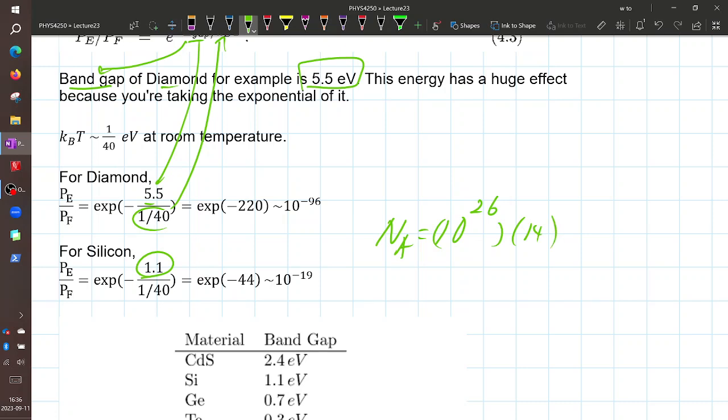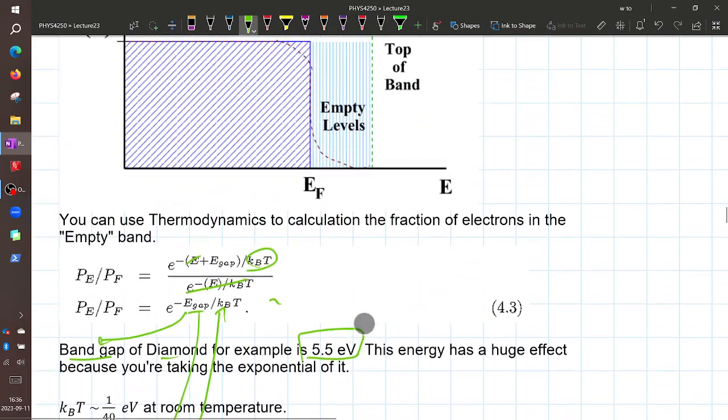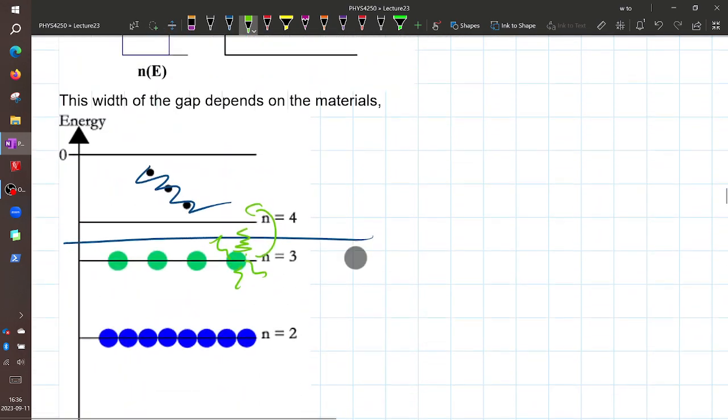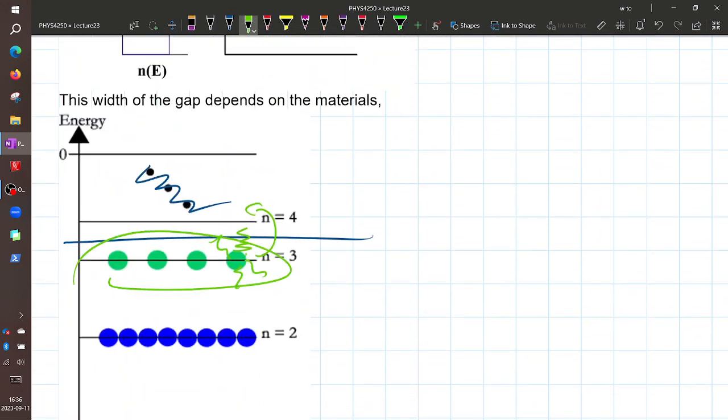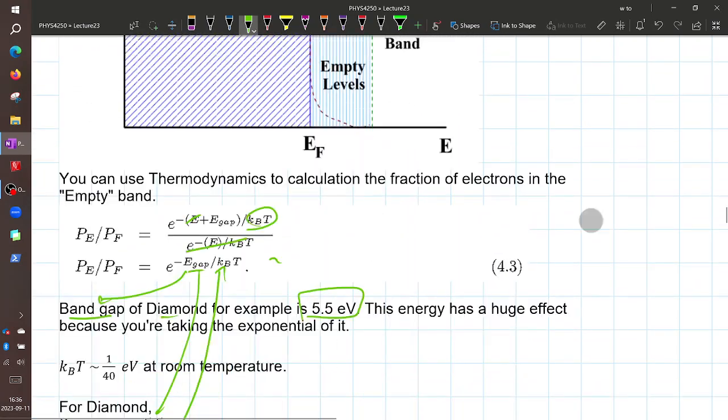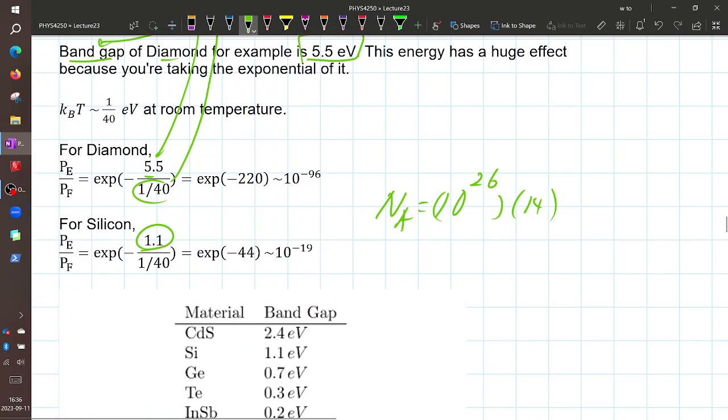Usually it's actually the valence shell, the outermost 4, that does this jump, because for this to jump, you have to jump 2 levels. So usually this is probably multiplied by 4 or something like that. So that's the number of electrons, and if 10 to the 26 electrons have a 10 to the minus 14 chance of jumping to the next level, some of them will make it up there.